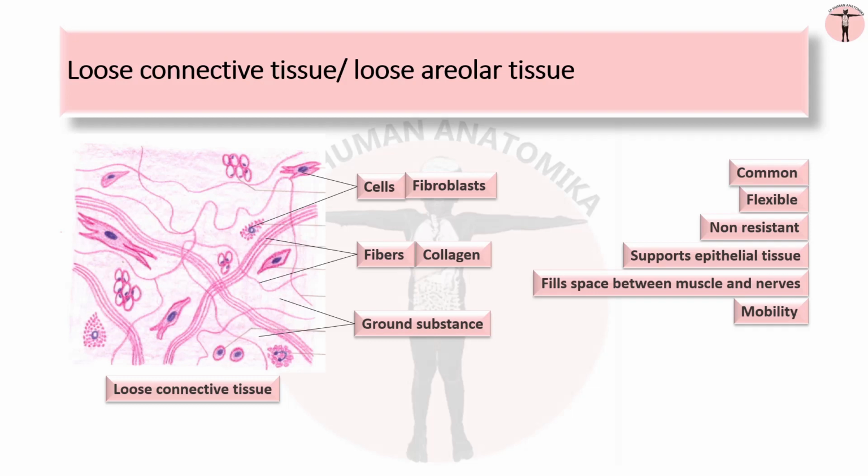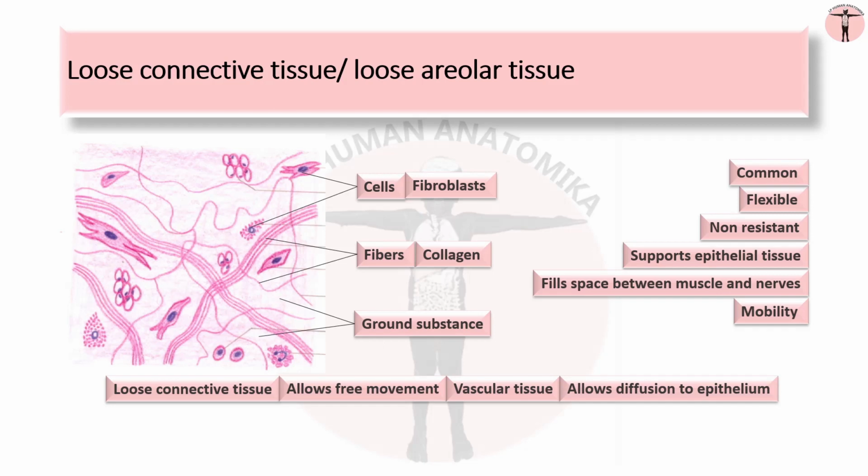Ground substance is present in moderate amounts. Loose areolar tissue gets distorted easily. Hence, it allows the tissue to move freely. It is avascular tissue. Metabolites and oxygen diffuse through it to the epithelium. Examples where diffusion occurs are lamina propria and submucosa of various systems and hypodermis of the skin.